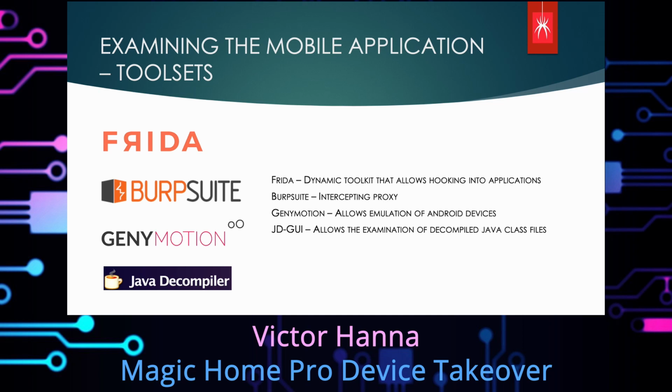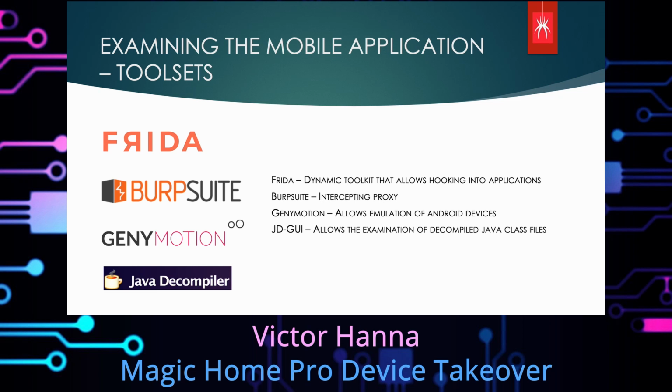We also have Burp Suite, which is the well-known, renowned proxying tool, which essentially allows us to proxy HTTP transit flows, and also gives us the ability to manipulate these flows, as well as a plethora of other functionality. We also have Genymotion, which is Android emulation software. In case you don't necessarily have a spare rooted device on hand, this comes in really, really handy.